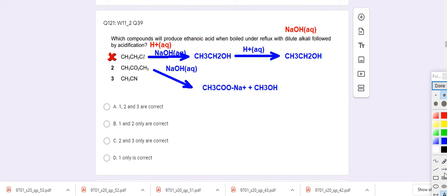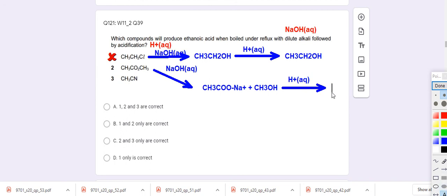So followed by acidification, we add acid to this carboxylate salt and also the alcohol. But methanol is actually a gas, so we're actually adding this acid to the carboxylate salt. Now the H+ in the acid solution will replace the sodium ion.